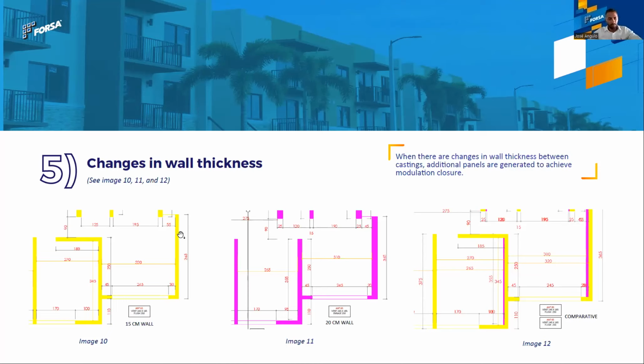For example, on the down left side, in image number 10, you're going to see the walls in yellow. These walls are 15 centimeters section, and the following one in the middle has 20 centimeters wall section.